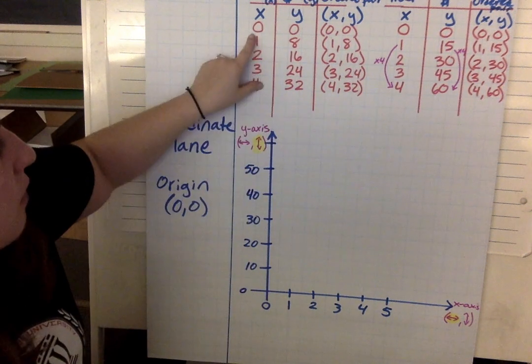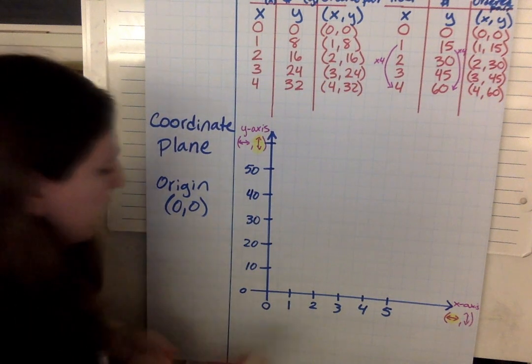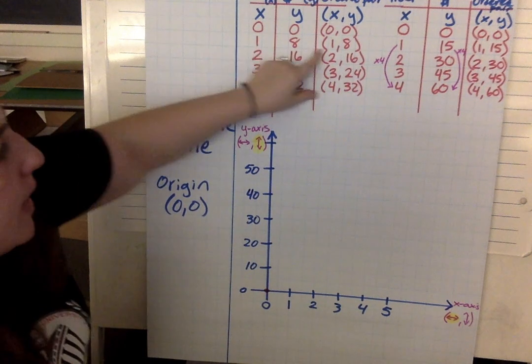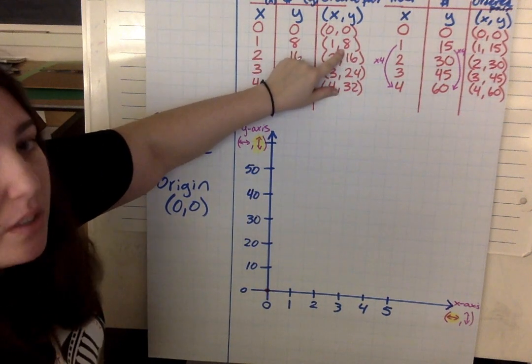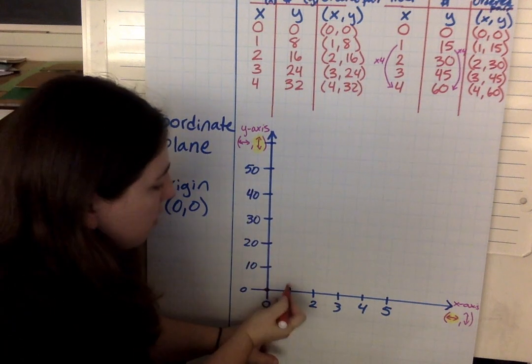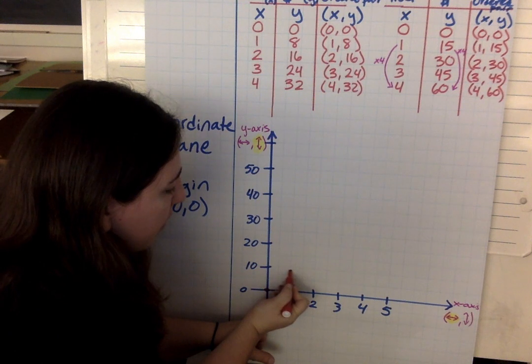Alright, so now I'm going to start graphing. First, my ordered pair is going to be right here at 0, 0. Then I'm going to graph my next point. So 1, 8. So the x is 1, and my y is 8. It's not quite at 10, so I'm going to graph it a little below 10.